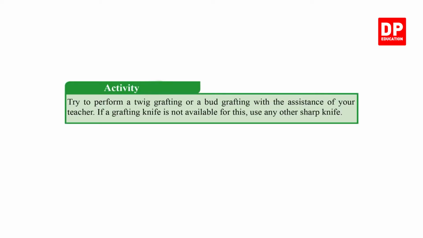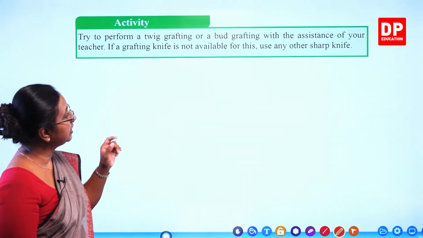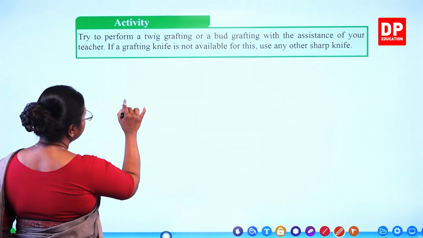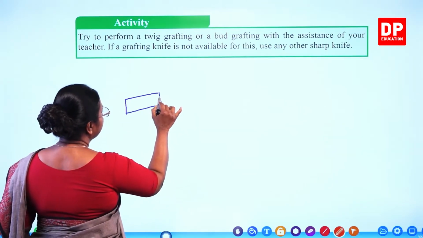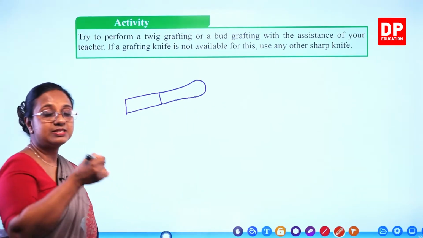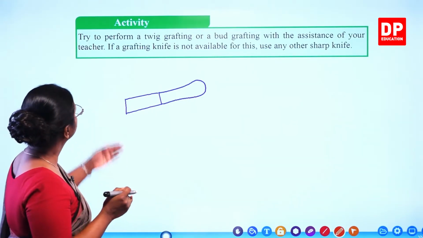Here we have an activity. Try to perform a twig grafting or bud grafting with the assistance of your teacher. If a grafting knife is not available, use any other sharp knife. As I told you, a grafting knife has a handle, and at the end there is a blade bent like that, which is used to easily cut the twig or bud.